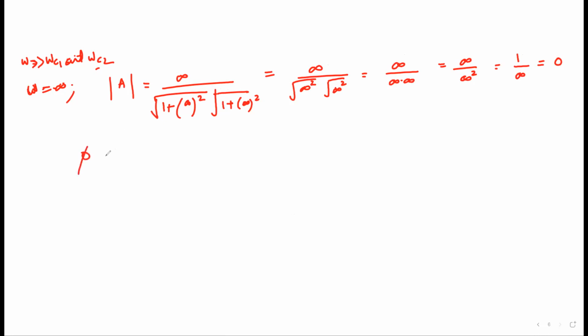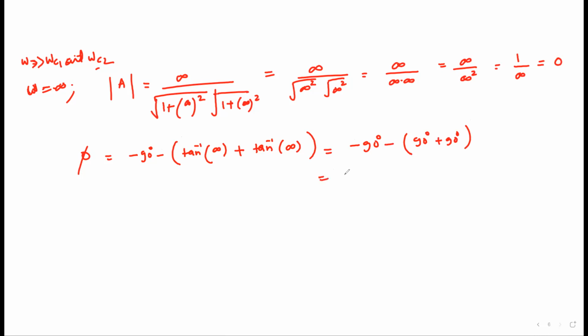And the angle would be minus 90 degrees minus tan inverse of infinity plus tan inverse of infinity. So that takes the form of minus 90 degrees minus 90 degrees for tan inverse infinity, plus 90 degrees. So this is minus 90 plus minus 180, that is minus 270 degrees. So that's case number 4.